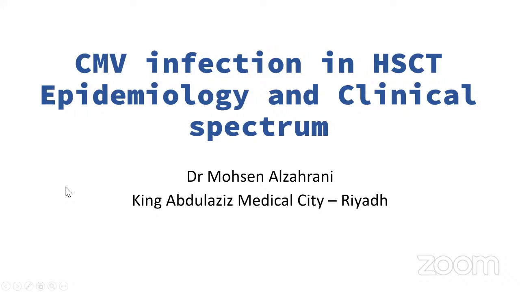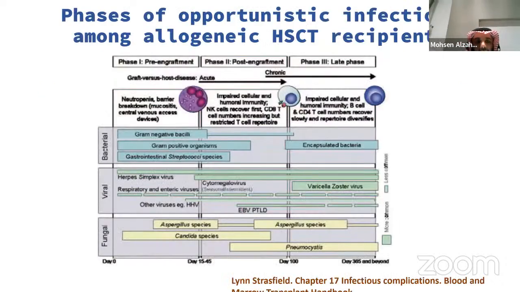So I'll talk about CMV infection and hematopoietic stem cell transplant, epidemiology and clinical spectrum. This figure is well known to everyone. It shows the phases of post-transplant, in which each phase has different types of complications and infections.